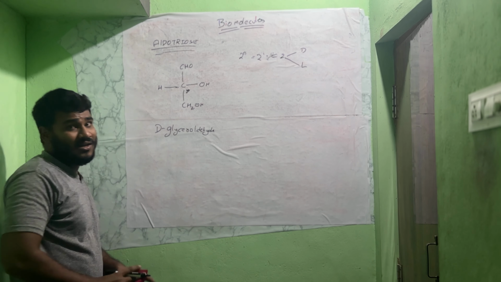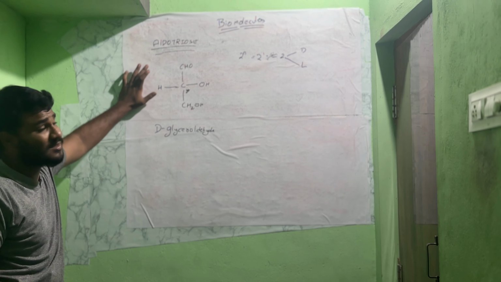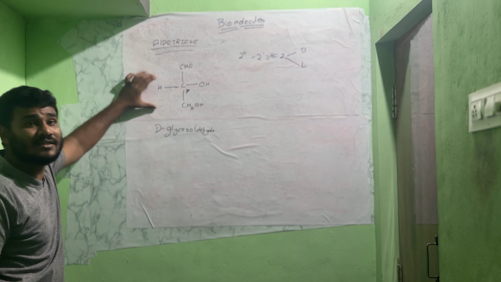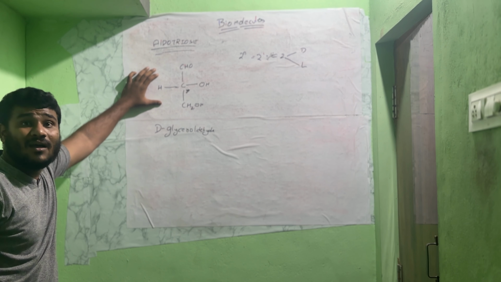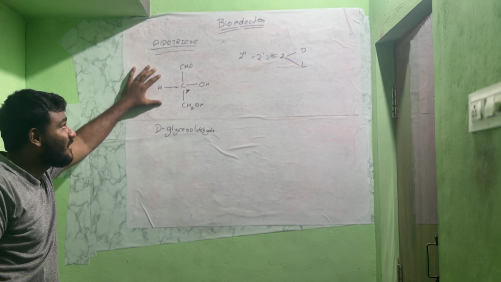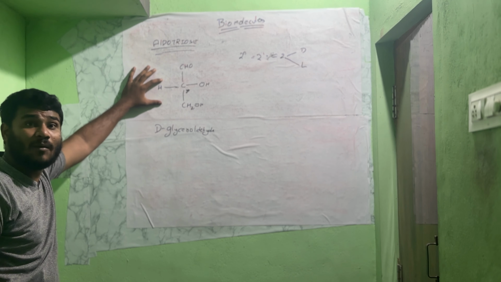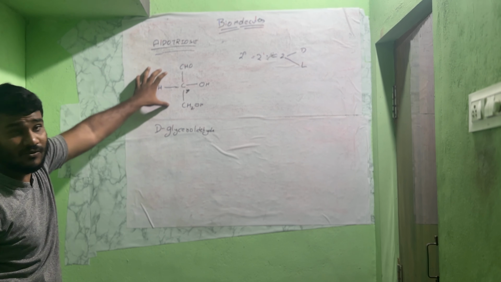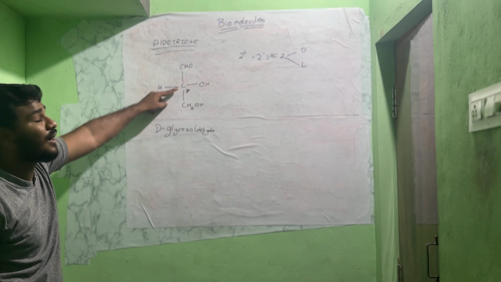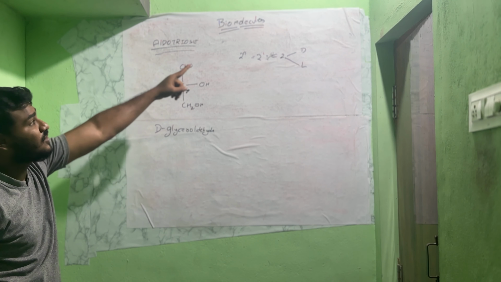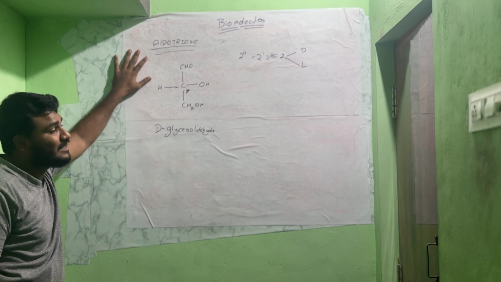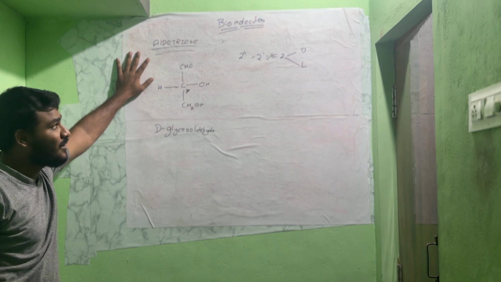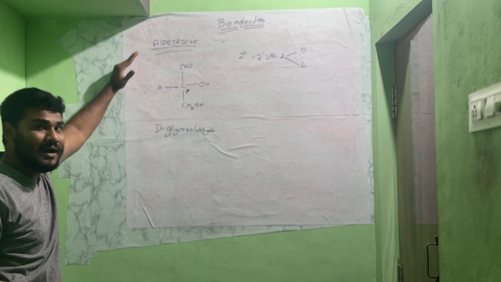You understand, right? We are talking about monosaccharides. In monosaccharides, we took 3 carbon atoms with the functional group aldehyde, and for that we are seeing optically active nature, that is 2 power n. Only one optically active center is here, so 2 power 1, that is 2. 2 means it is divided into D form and L form.